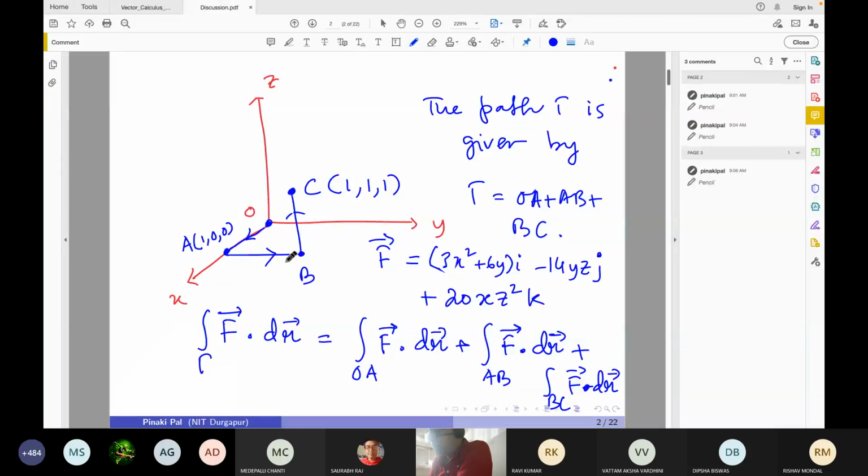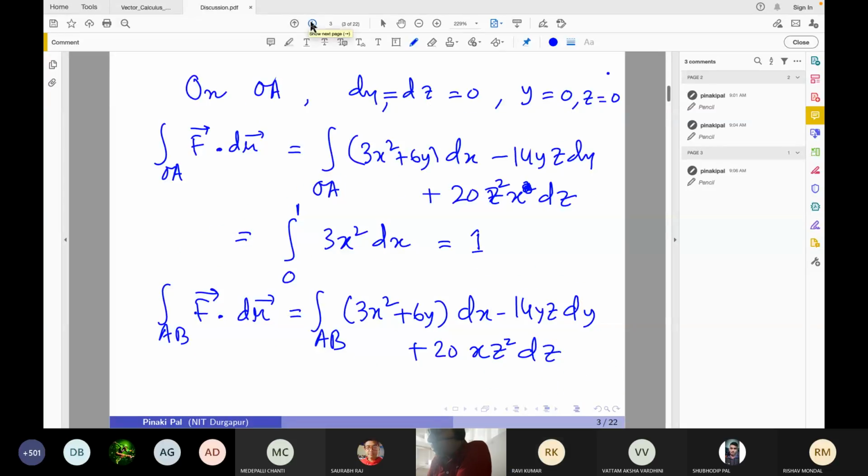As we are moving on the line segment AB, which coordinate is changing? x remains 1, z remains 0, so dx and dz will be 0. Only y is varying, y from 0 to 1.